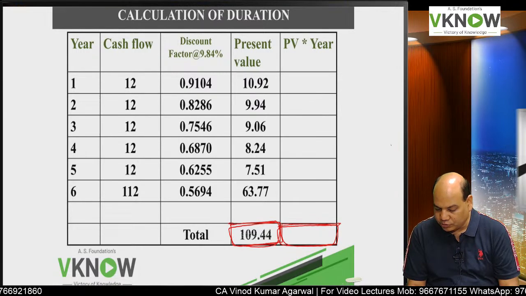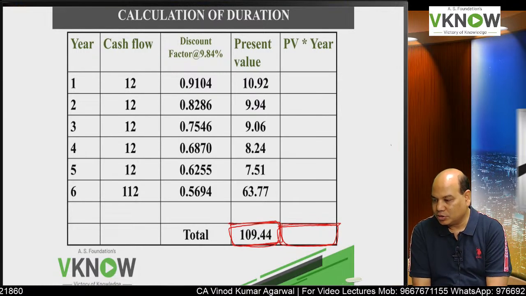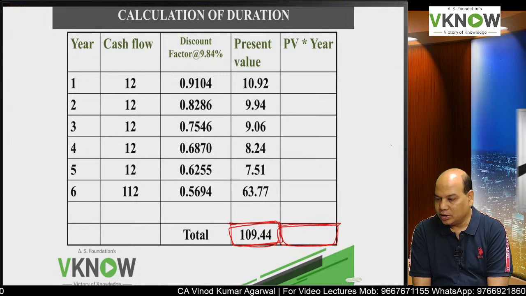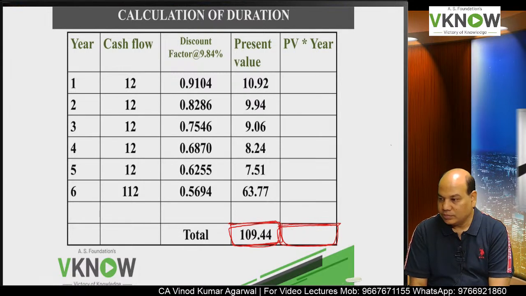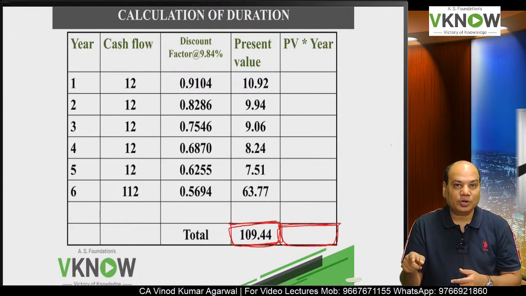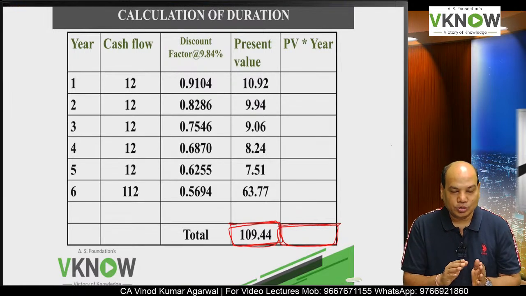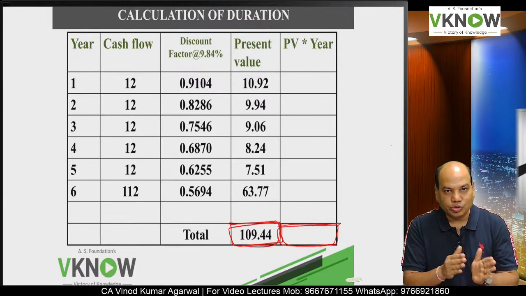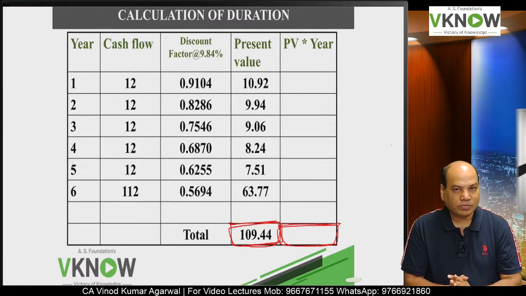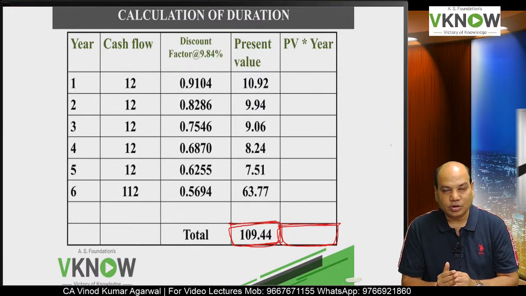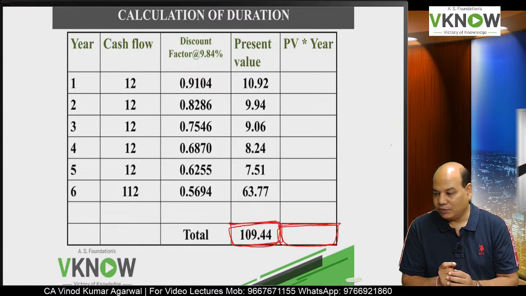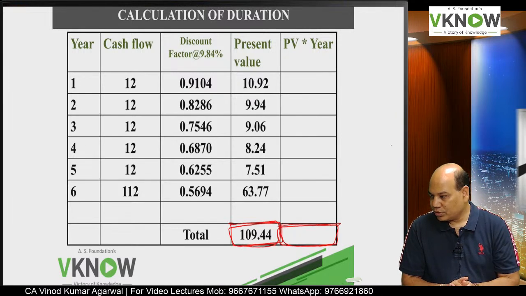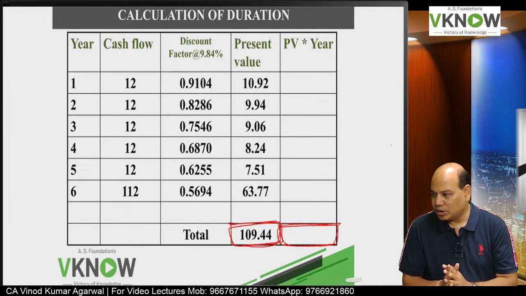You should get approximately 110 rupees, because 110 rupees is the price of the bond today. Using 110 rupees you have computed YTM. So using the same YTM you should get 110 rupees. But because of some rounding off you may get little different from 110. Is it right, 110 or close to 110?